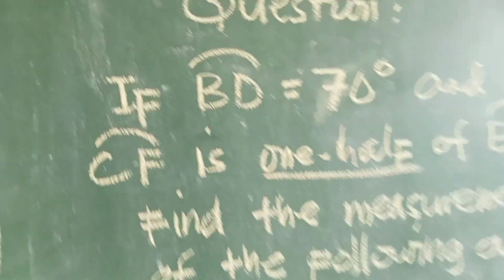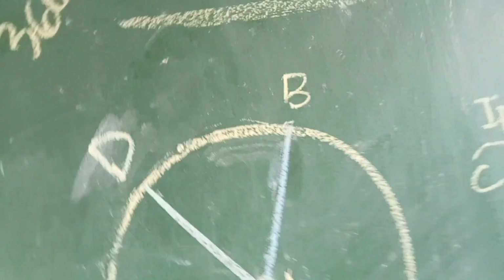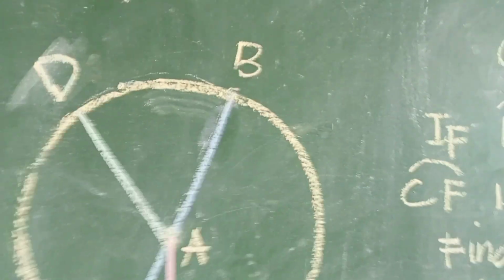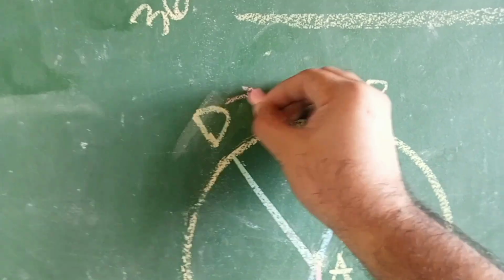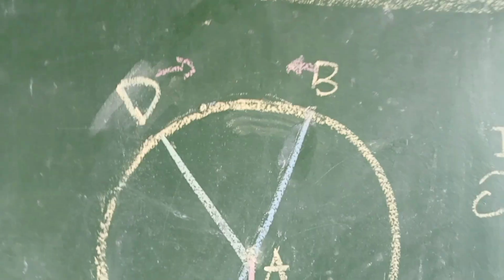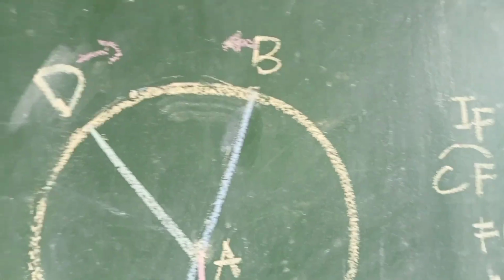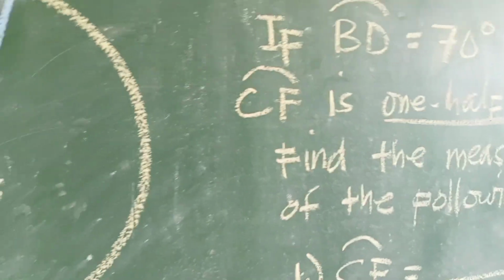So let's label the given arc. Arc BD is 70 degrees. This will help you clear the measurement, because the moment you label the value here, this will guide you, class, on how to get the measurement of the other arcs being asked in the question, based on the given question.